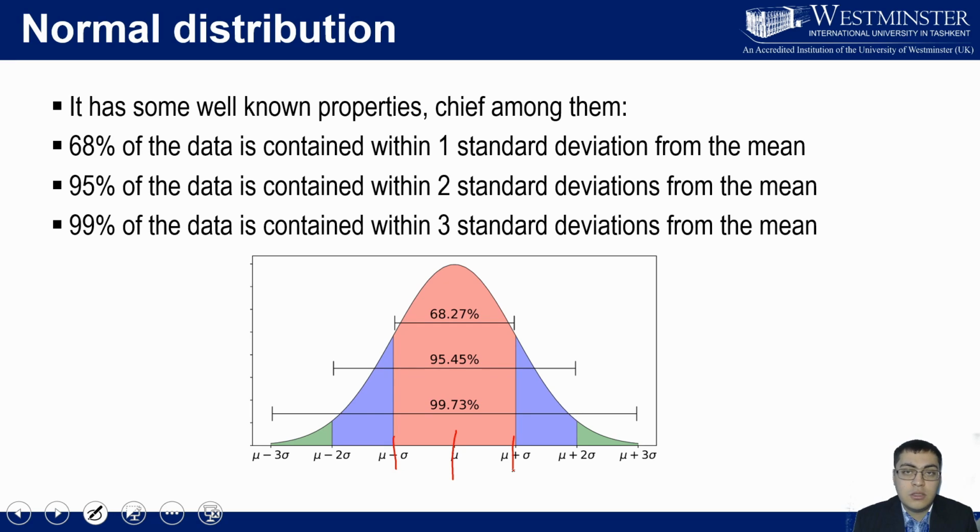So if you have 100 observations, then you expect 68 of those observations to lie within this small range. Likewise, if I were to add and subtract two standard deviations from the mean, then this contains a majority portion of my data, specifically 95%. And if I were to add and subtract three standard deviations from the mean, then I have almost all of the data that I am looking at.